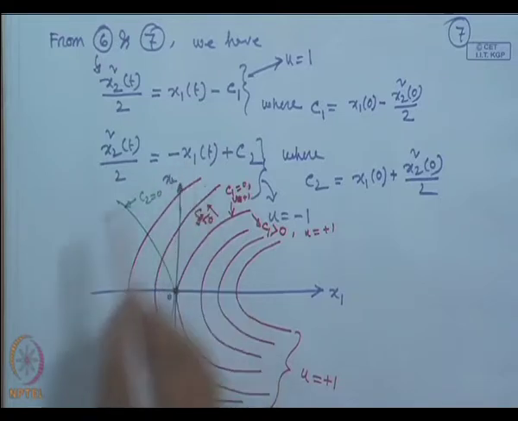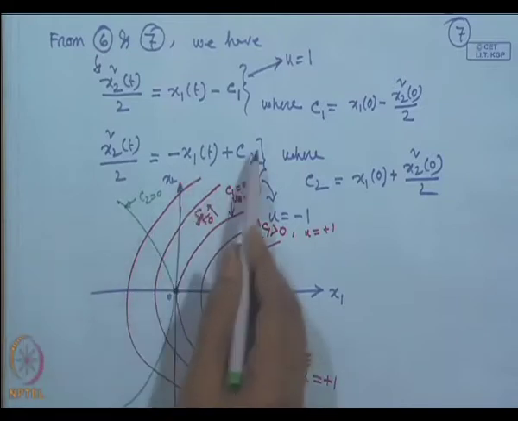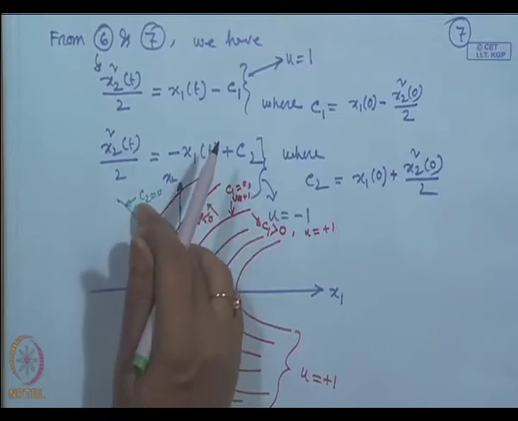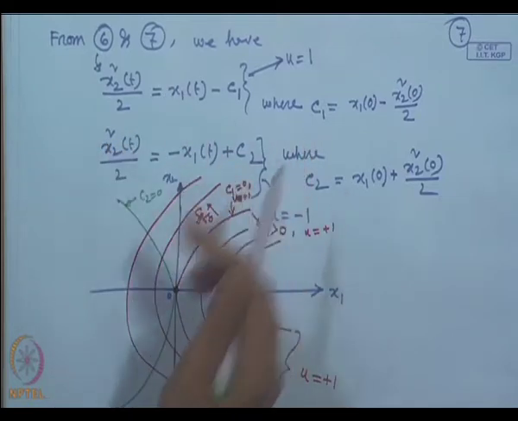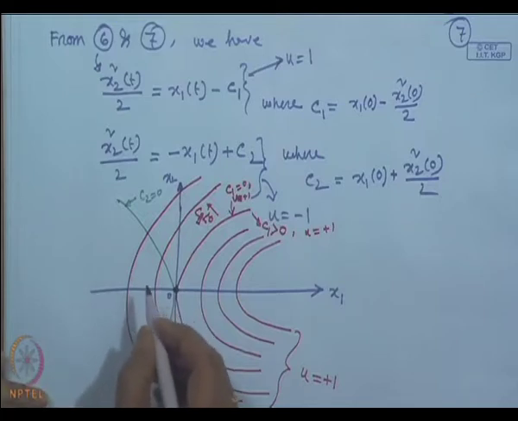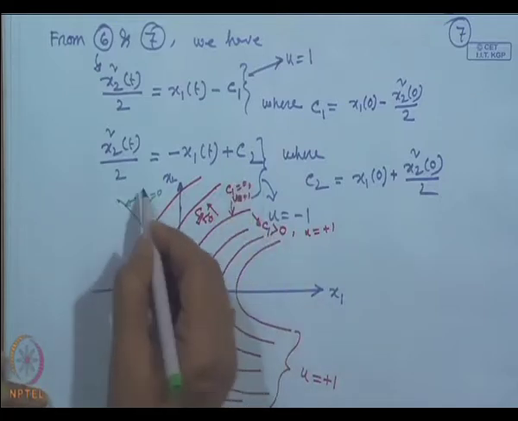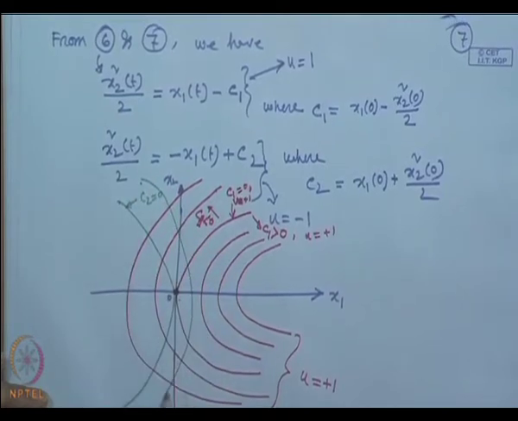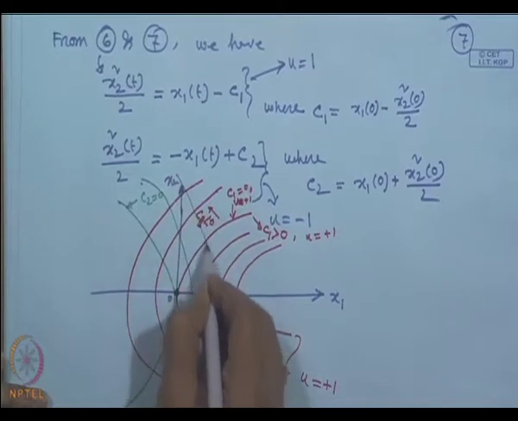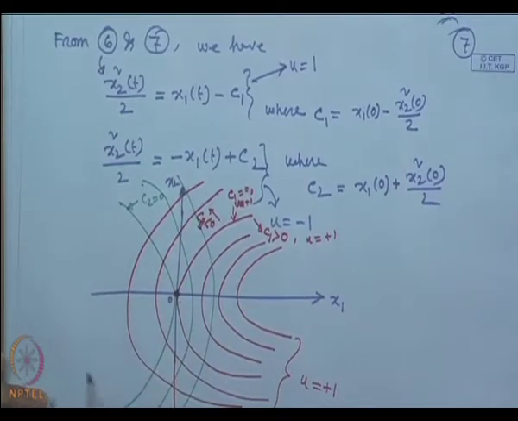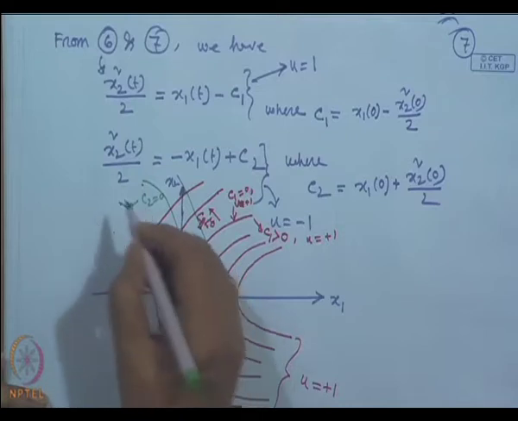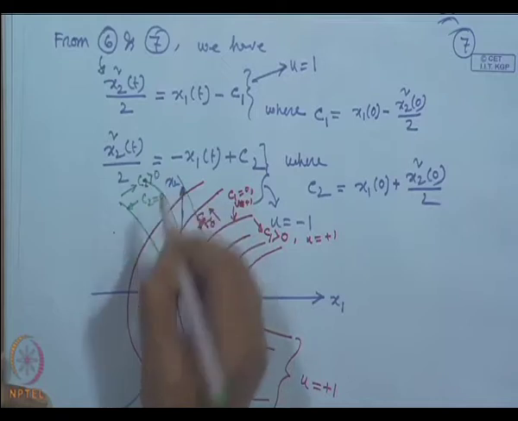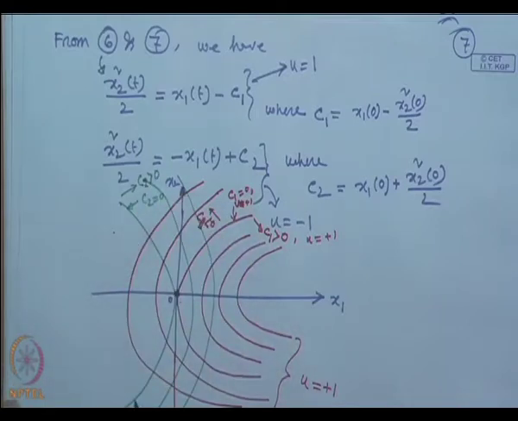Because at the same value of x1, the x2 value will be more, our curve will be like this. So, this side is C2 positive.